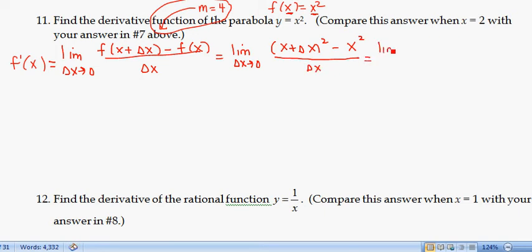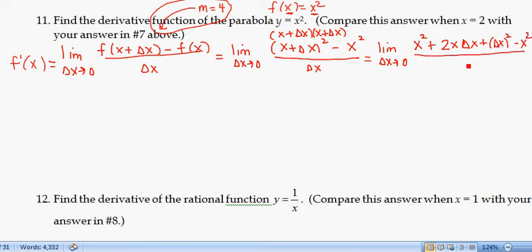So we continue to write the limit, despite the fact that it's notationally not fun to write. And we're going to expand out x plus delta x. Remember, x plus delta x squared is x plus delta x times x plus delta x. So we get x squared plus the outers and inners are both x delta x. So we get 2x delta x plus delta x squared, and then minus x squared.